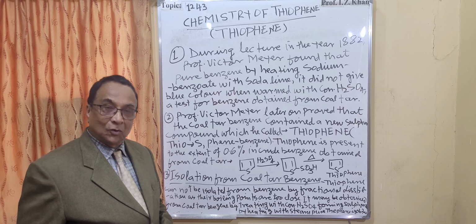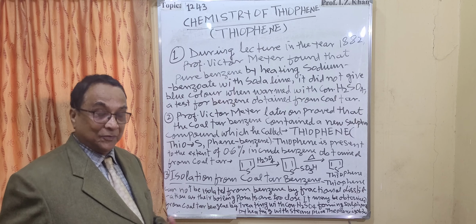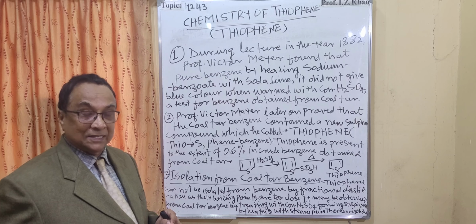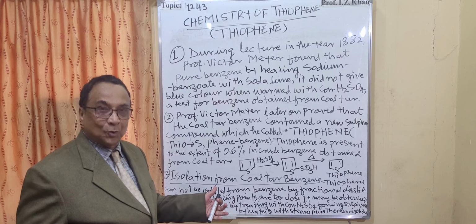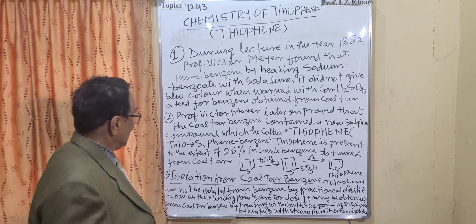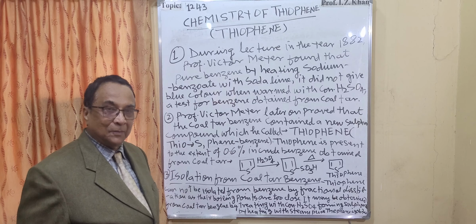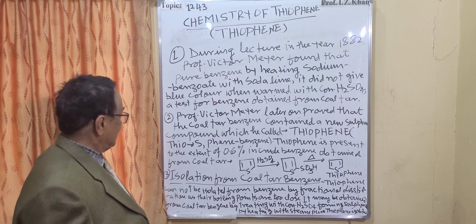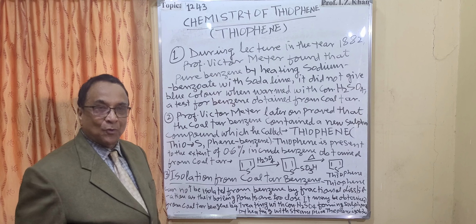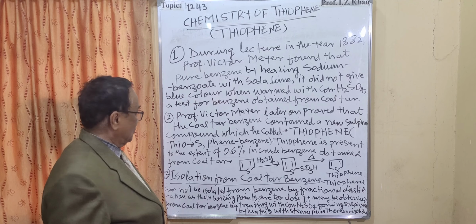I have already told you that there was some confusion about whether the sulfur is part of a six-membered ring or five-membered ring, because both were aromatic in character. Thio stands for sulfur, phene stands for benzene. Thiophene is present to the extent of 0.6% in crude benzene obtained from coal tar.